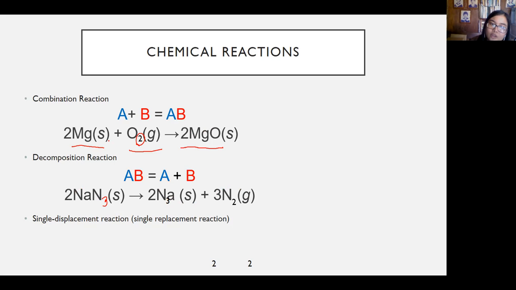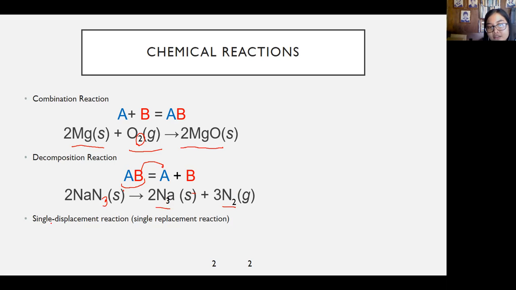So unlike the combination reaction, dito naman, from a combination of compounds, we will be decomposing it. So maghihiwalay sila. So yung cation natin hiwalay, ganun din yung ating anion, which naging gas na siya.